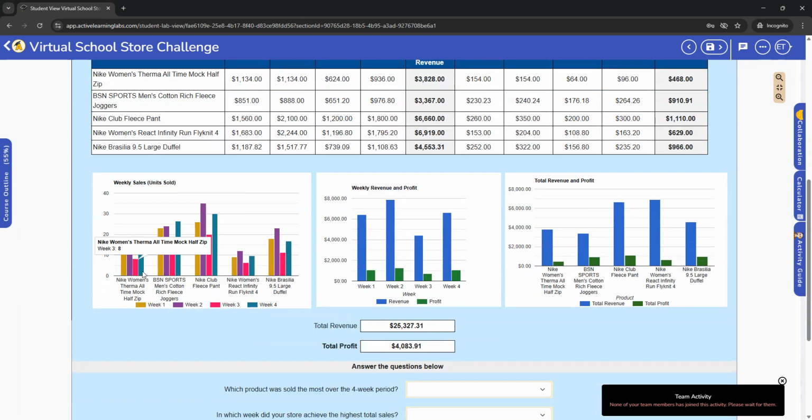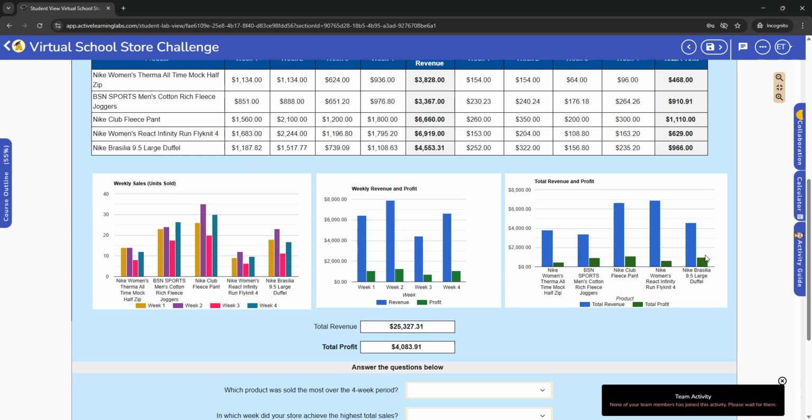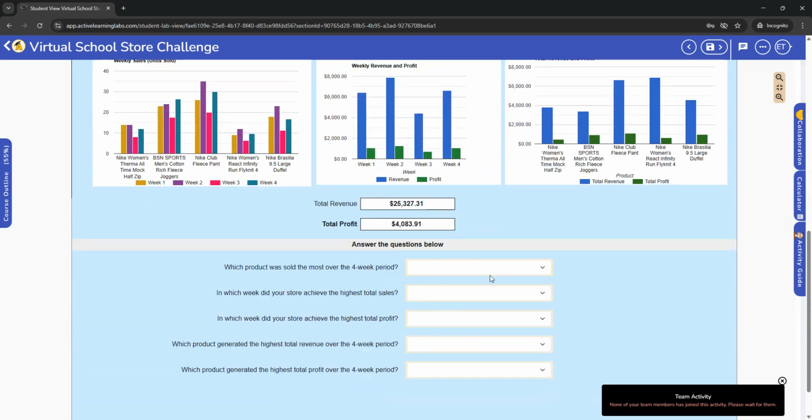Here are graphs showing how much different products sold over different weeks, and week by week revenue and profit, and revenue and profit from different products. So they analyze the products and answer some questions at the bottom. The total profit they got is $4,000.